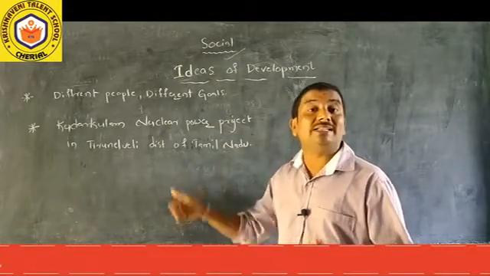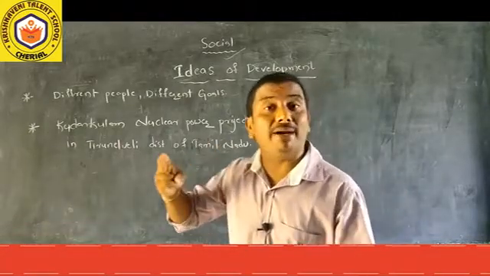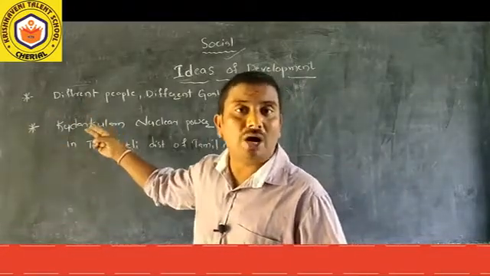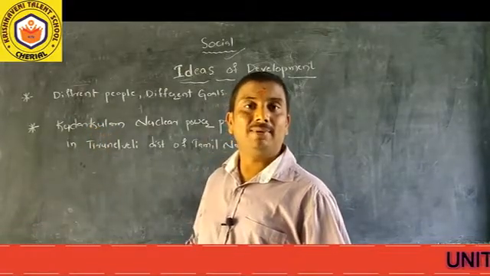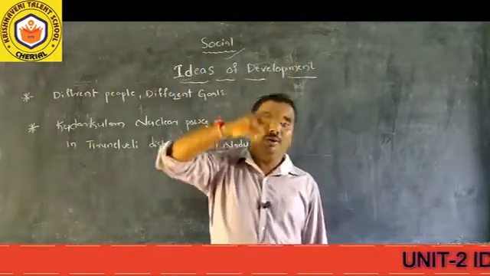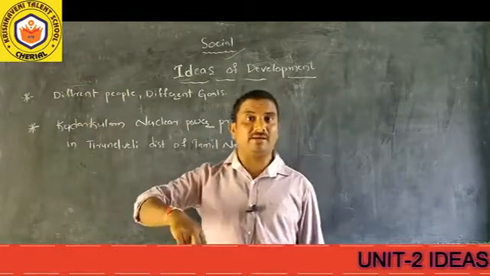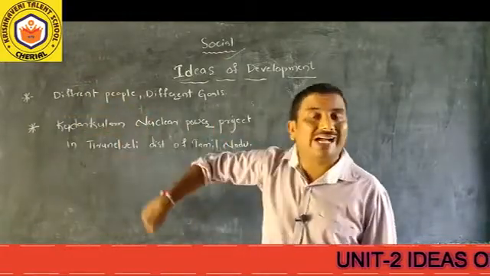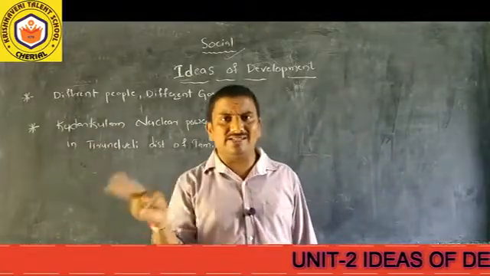So for the youth, that is development. But that is not development for the residents surrounding the industry. How many residences are surrounding the industry? For them, it is not development.